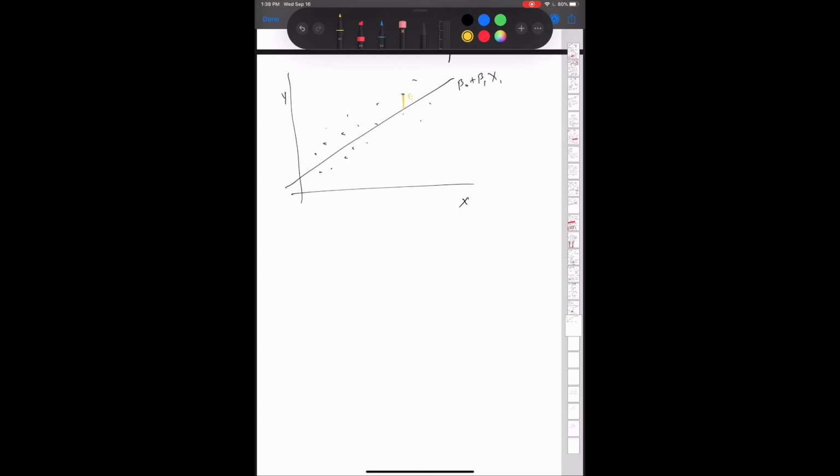How much this value is below the line is also the epsilon i. So in this case, epsilon i is negative. In this case, epsilon i is positive. So epsilon i basically tells you what the departure is, the departure from the regression curve. And since we are in a simple linear regression model, the regression curve is just a straight line.